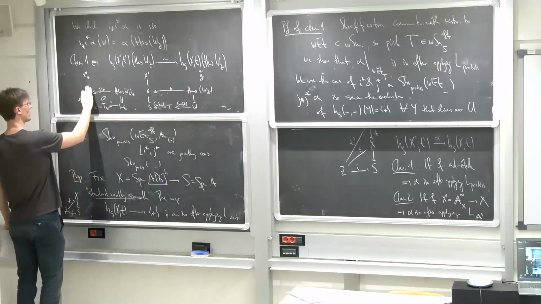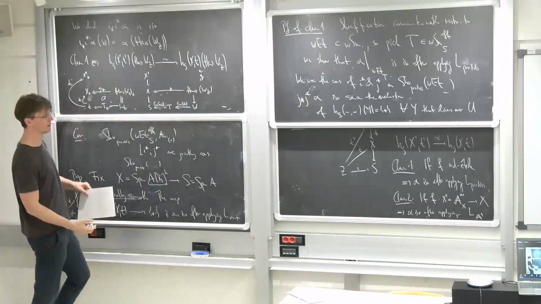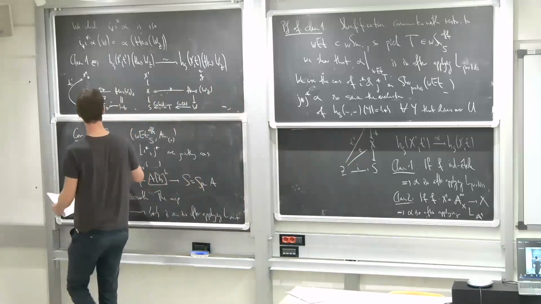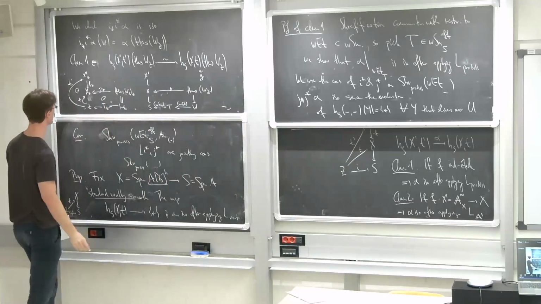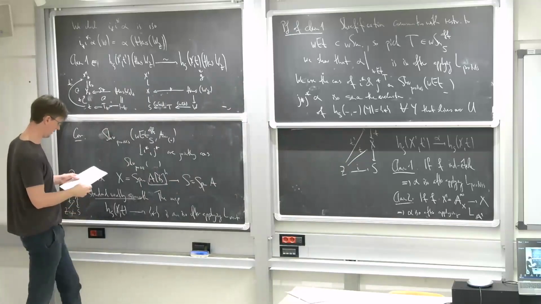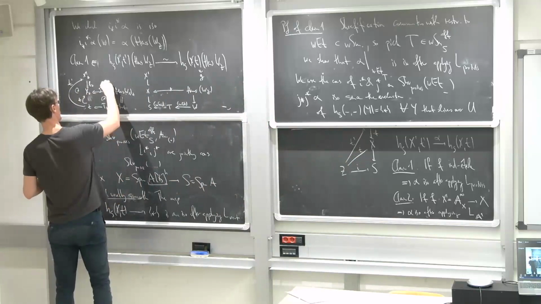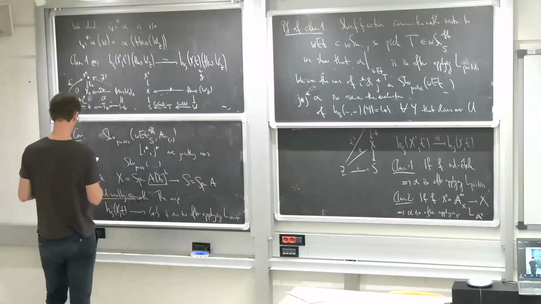And now we also have this map T prime, right? That's what we are initially given. This T was this composite. So in other words, this part here is commutative by definition. And now the key thing is, I claim there is a unique map gamma.